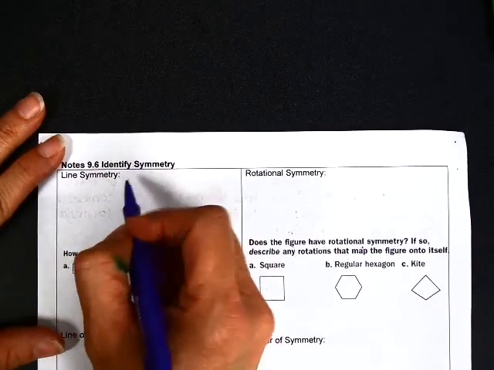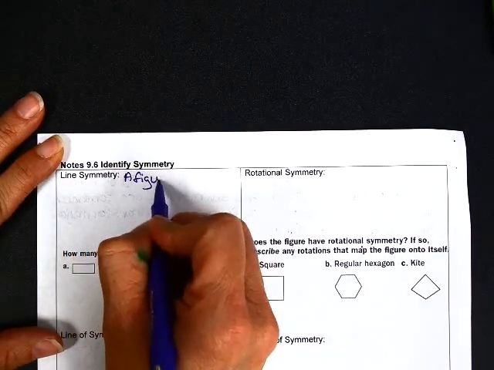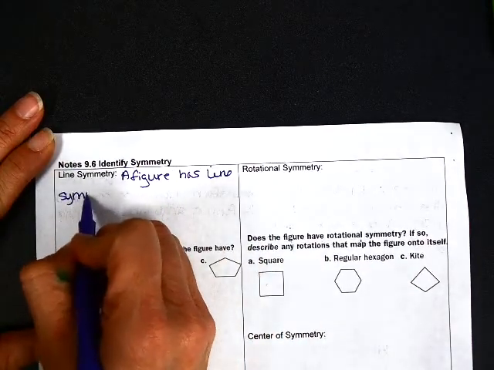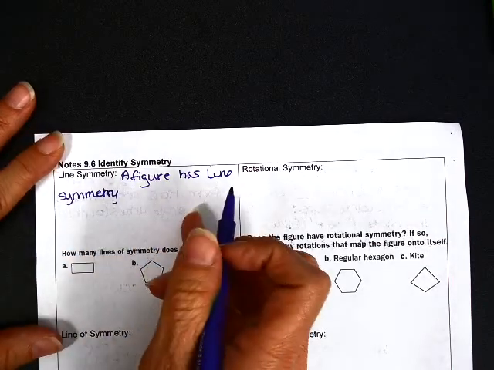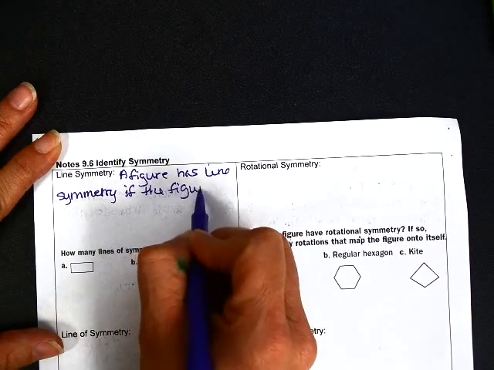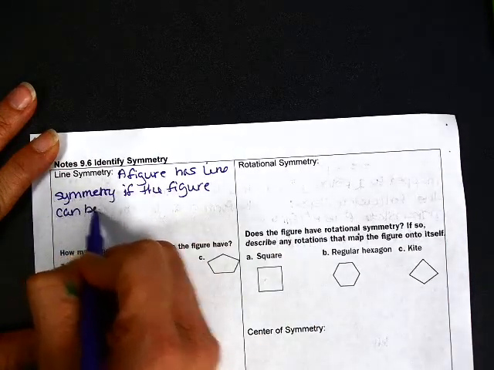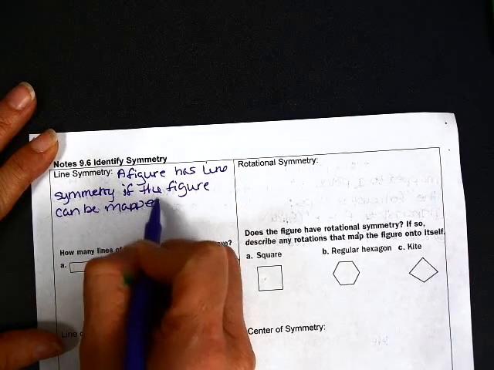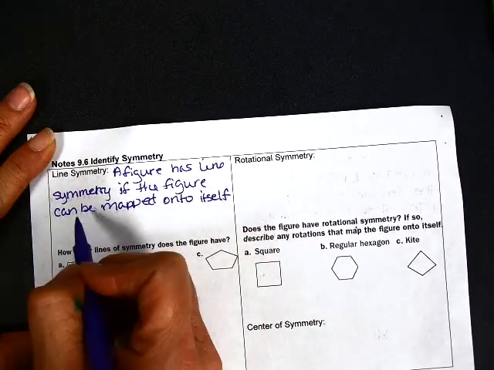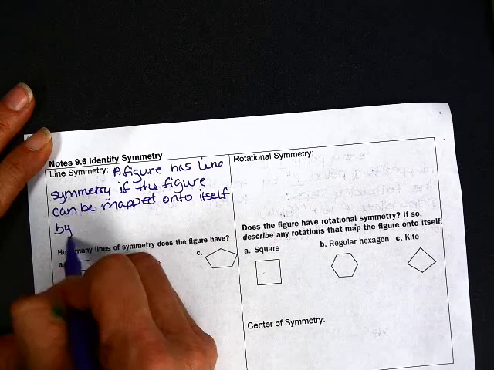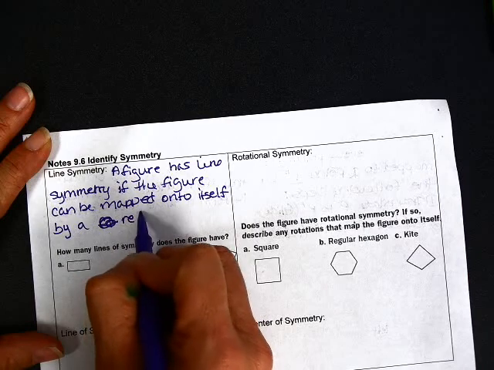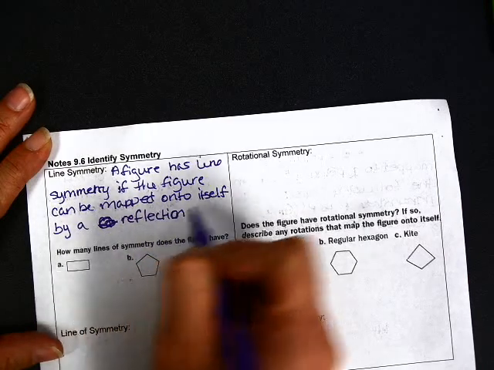A figure has line symmetry if the figure can be mapped onto itself by a reflection in a line.